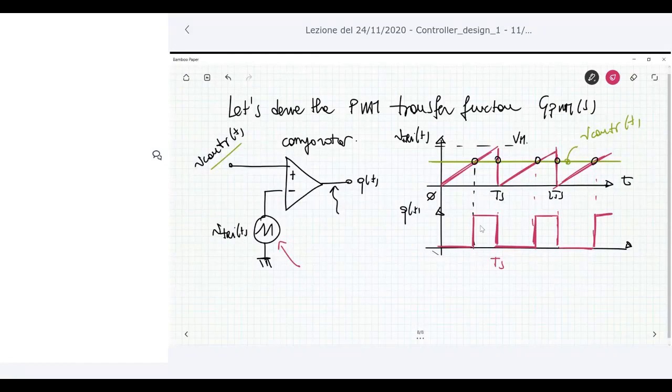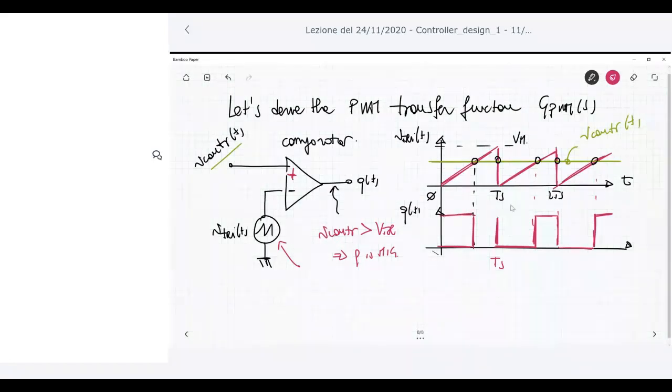As you can see here, you have a pulsed waveform. Okay, but this is not the only possible way. Sorry about that, I have made a mistake, because when the control voltage is connected to the plus, it means that when control voltage is higher than the triangular voltage, then Q is 1.